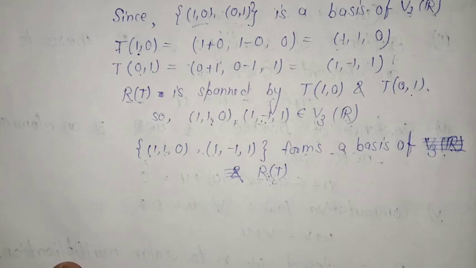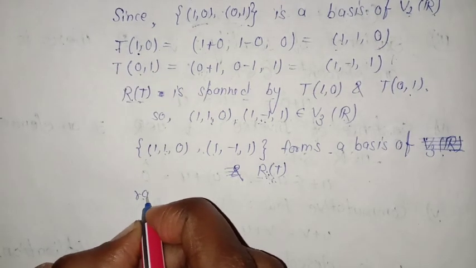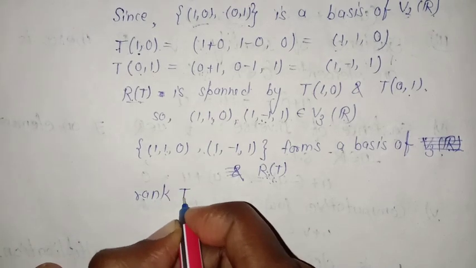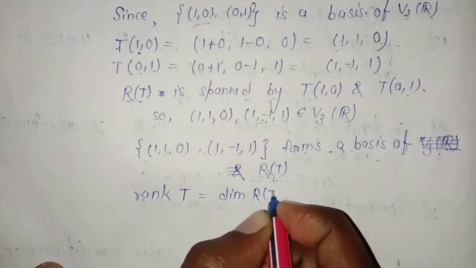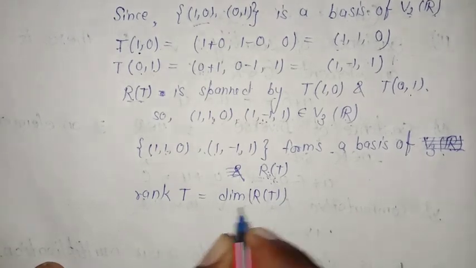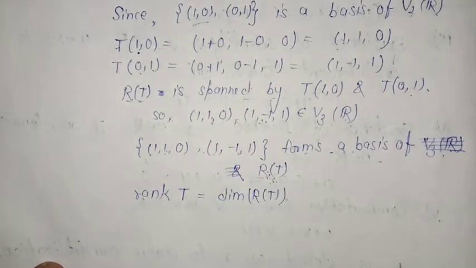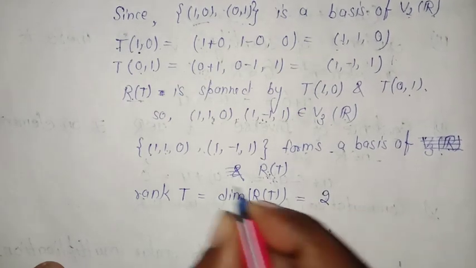And from here we can say that the rank of T is equal to the dimension of R of T, and the dimension of R of T is the number of elements in the basis, that is equal to 2, because only 2 vectors are there.